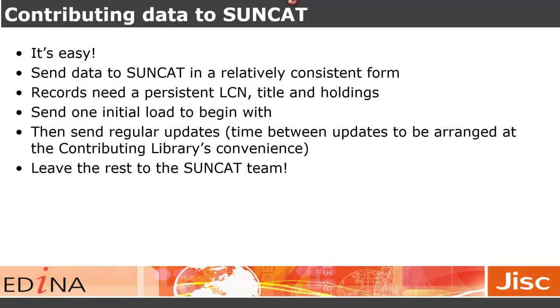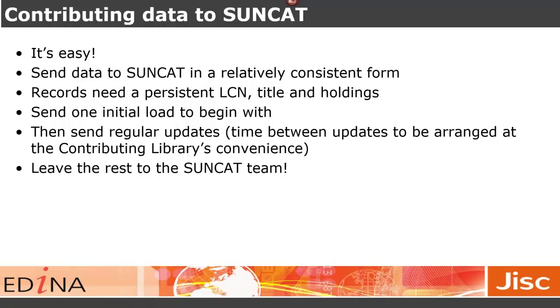At the bare minimum, a record will need a title, holdings, and a consistent and persistent local control number. The last condition is very important, as we use the local control number in the updates process. An incoming record which has the same LCN and library identifier, for which we use the MARC organisational code, as a record already in the database will overwrite it.